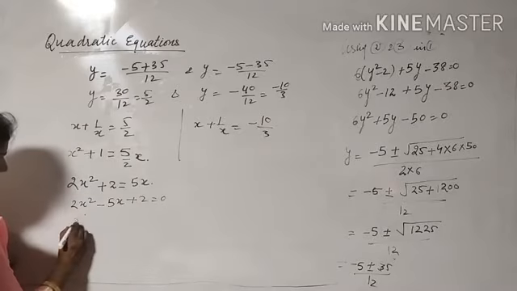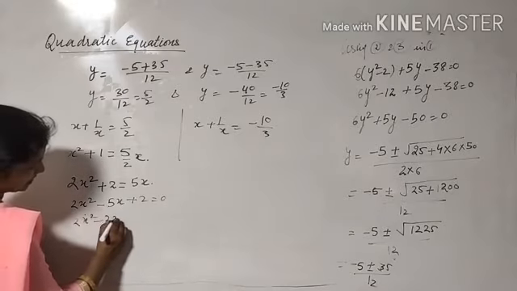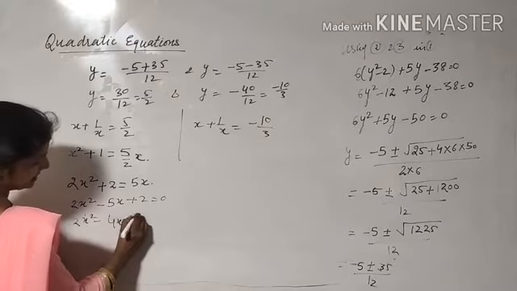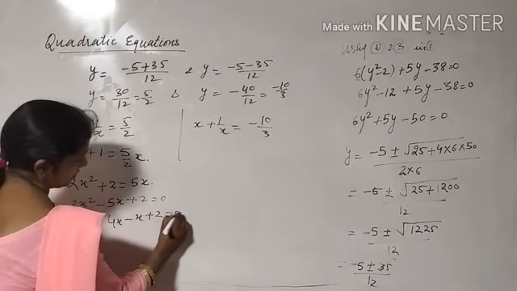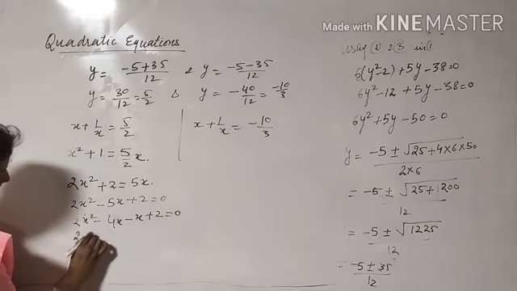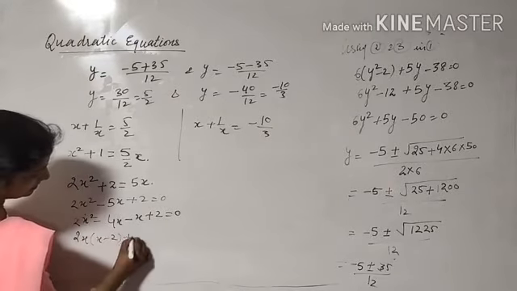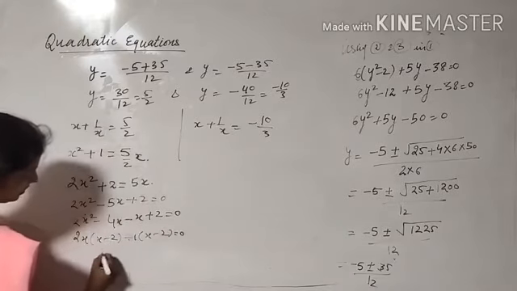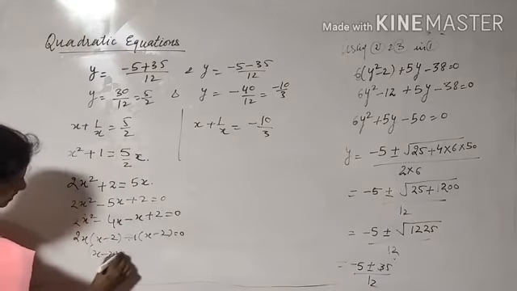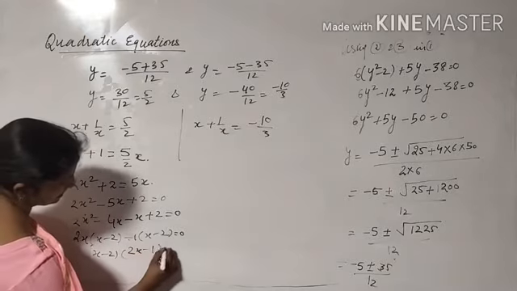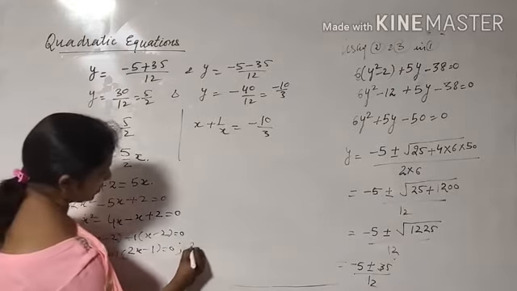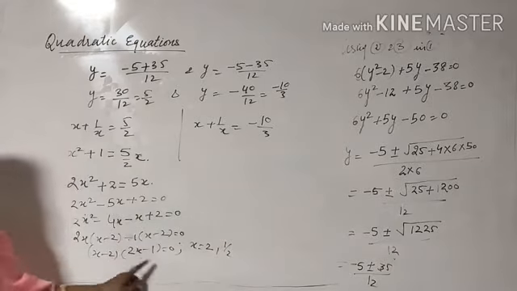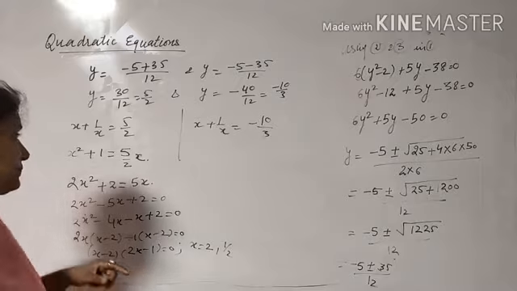So it is 2x square minus 2x minus 4x minus x plus 2 is 0. So 2x into x minus 2 minus 1 into x minus 2 is equal to 0. So we have x minus 2 into 2x minus 1 is 0, and get two values of x. One is 2 and other is 1 by 2, equating each of these as 0.